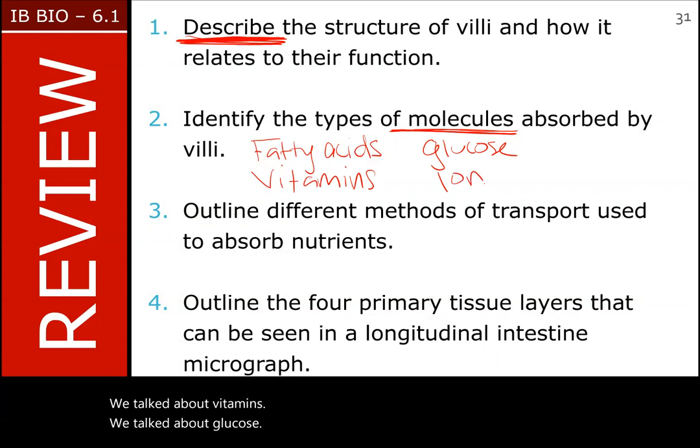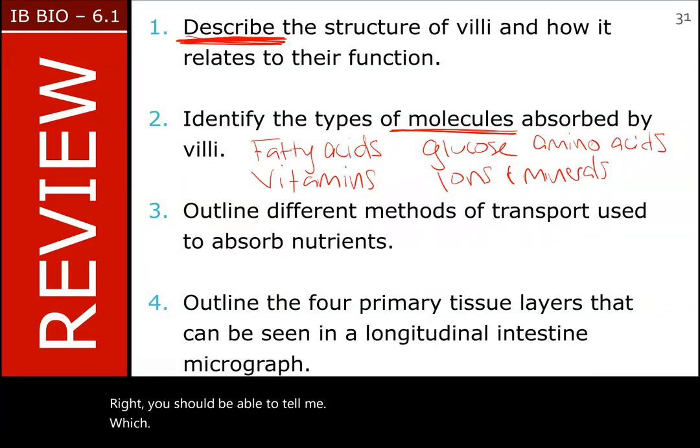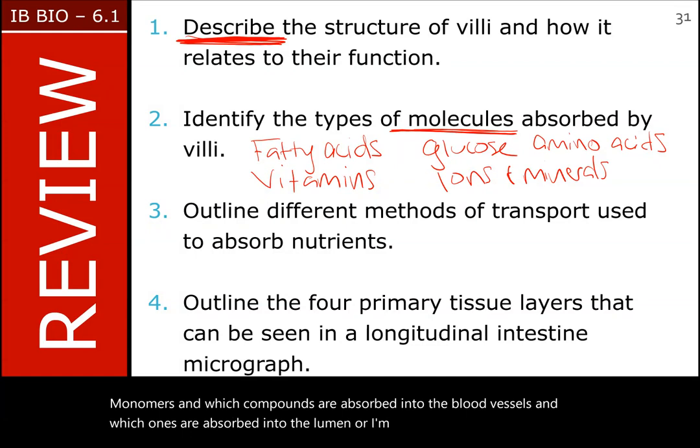We talked about ions and minerals. We talked about amino acids. Right? You should be able to tell me which monomers and which compounds are absorbed into the blood vessels and which ones are absorbed into the lacteals.